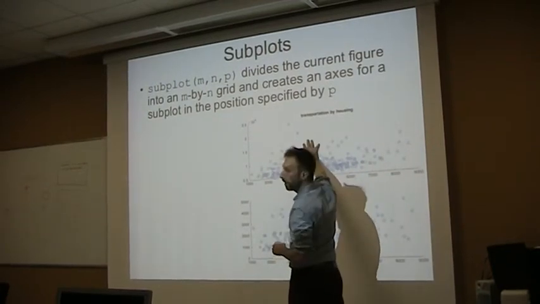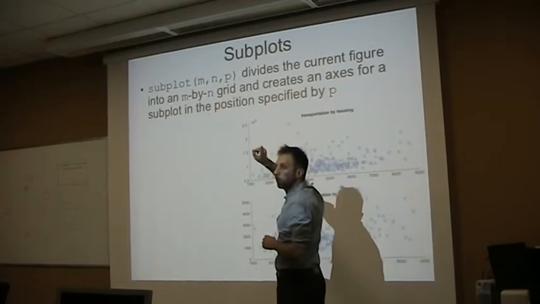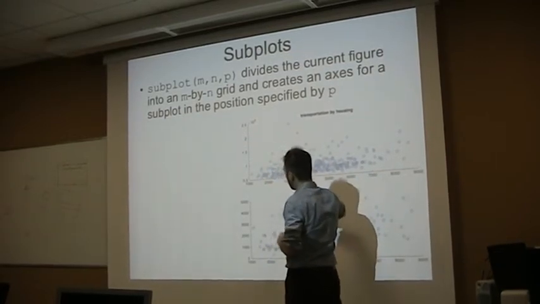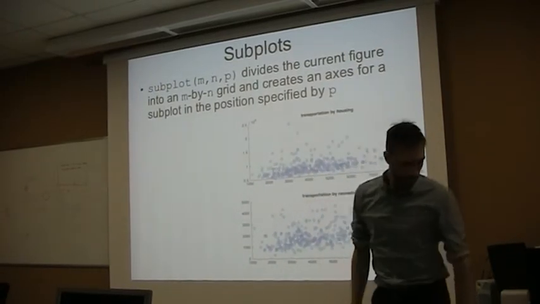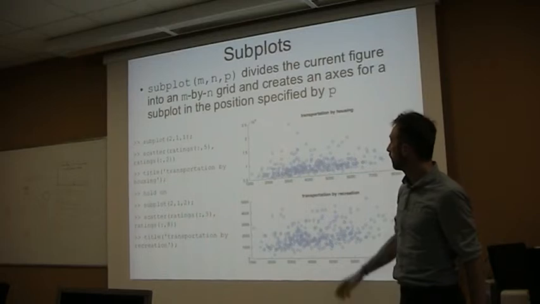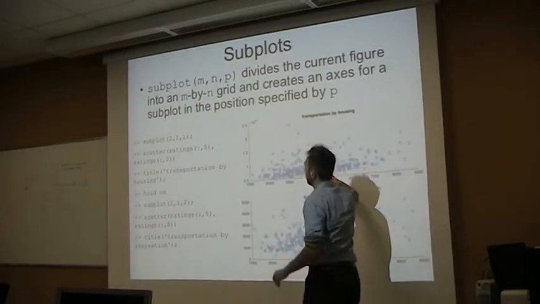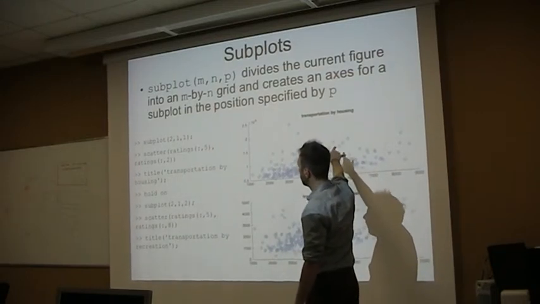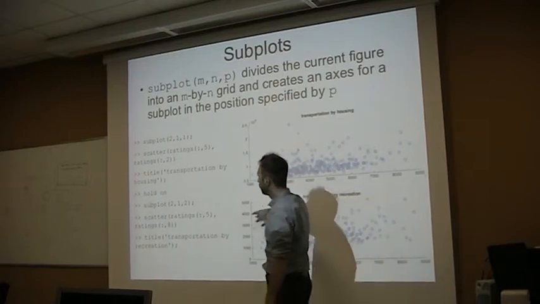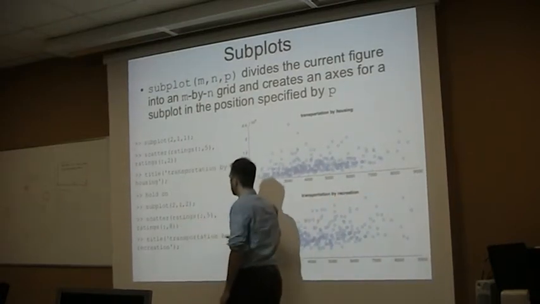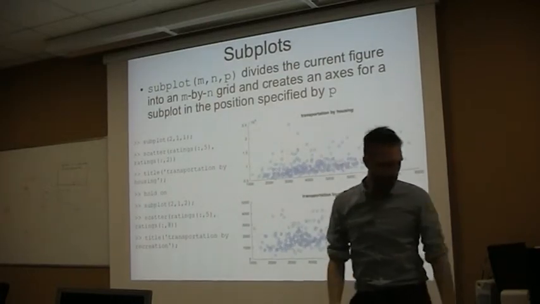Then if I want to start writing in here, plotting my data, p would be 1. Then I move to here, so p becomes 2. That's explained here. The first subplot 2, 1, 1. I do my scatter, give it a title. Then subplot 2, 1, 2. I think this hold on is not necessary. Subplot 2, 1, 2, and again scatter and title.